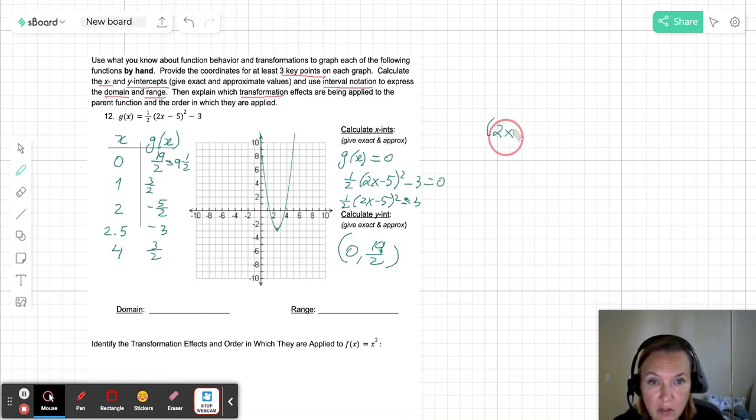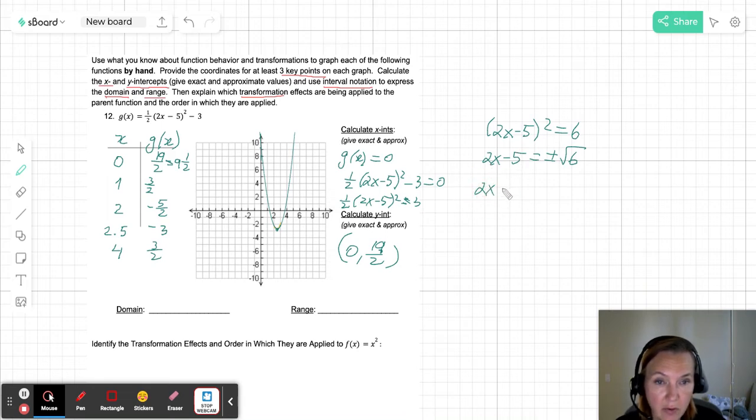So (2x minus 5) squared equals 6. Take the square root of both sides. Remember the plus or minus in front of the square root of 6. So here is our exact value. And then we will have to add 5. So 2x equals 5 plus or minus square root of 6, and the final touch we divide by 2, so x equals 5 plus or minus square root of 6, over 2.